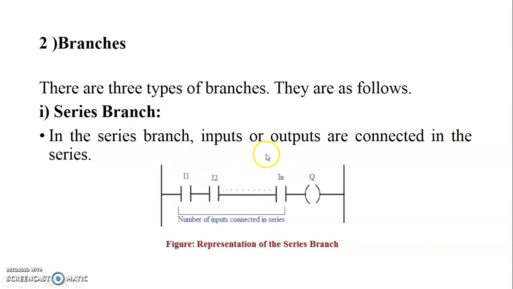These are connected in series fashion, and this coil is the output. This symbol is a normally open contact. This type of symbol is used to represent an input, and the coil is used to represent an output. This is a representation of the series branch where we connected inputs in series.